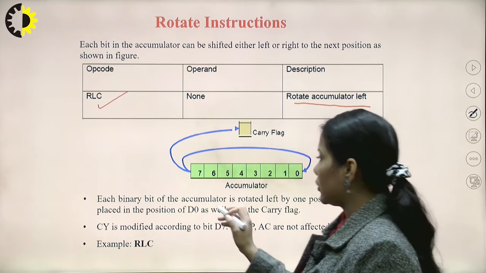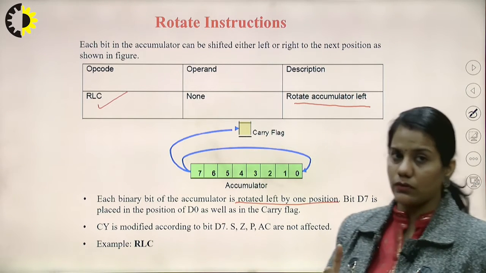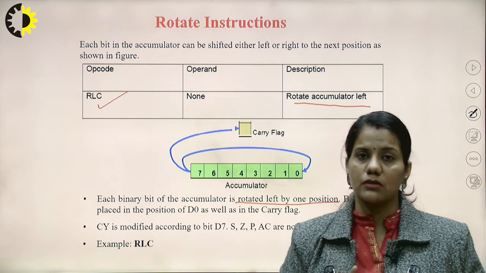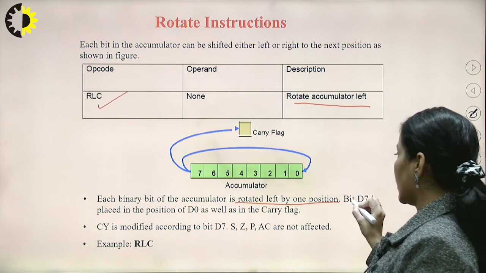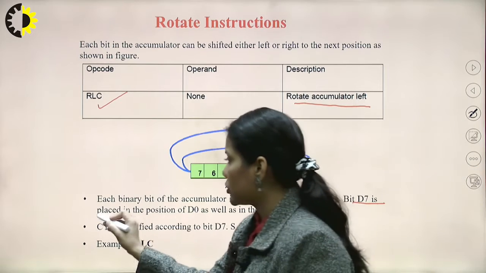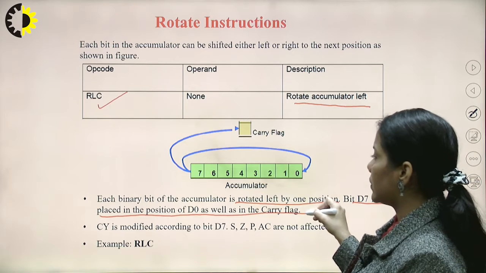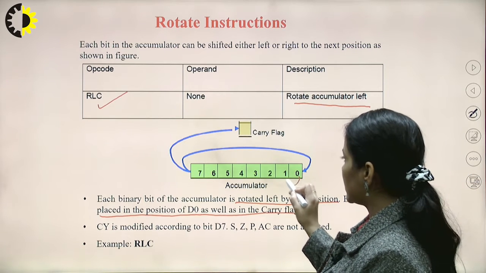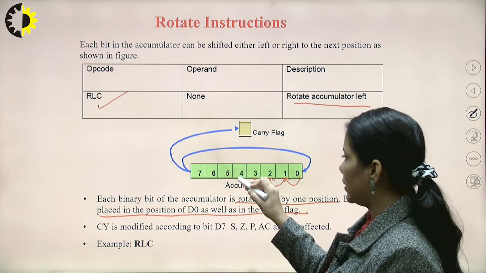Each binary bit of the accumulator is rotated left by 1 position. This instruction rotates the accumulator by only 1 bit. Bit D7 is placed in the position of D0 as well as in the position of the carry flag. As you can see, these bits are rotated left.